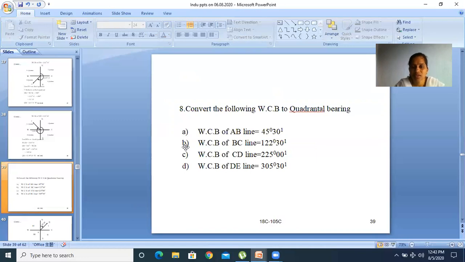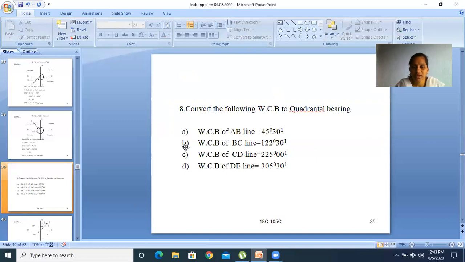The third one, WCB of CD line, is equal to 225 degrees, so that is in the third quadrant. The quadrants are southwest, and the rule is WCB minus 180.